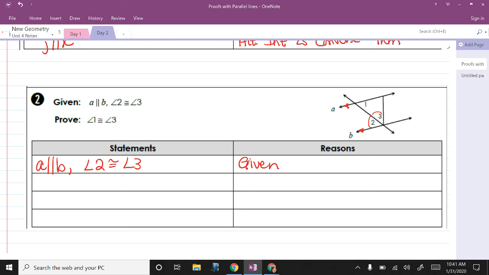Angle 2 and angle 1 are congruent, aren't they? Why are angle 2 and angle 1 congruent? So I can use the relationships because that told me that A and B are parallel. So angle 1 is congruent to 2 because of alternate interior angles.